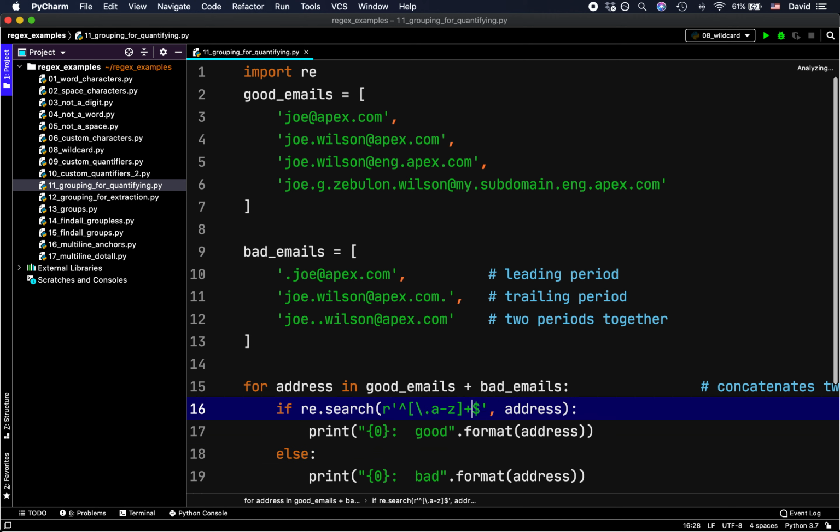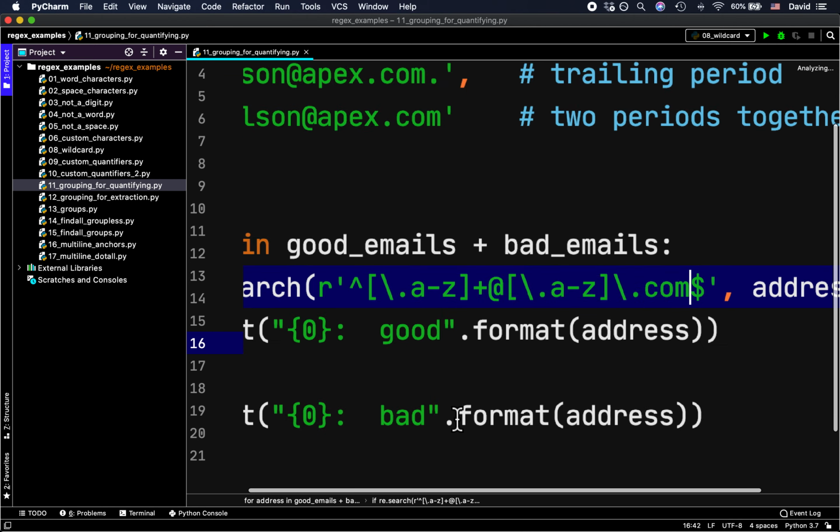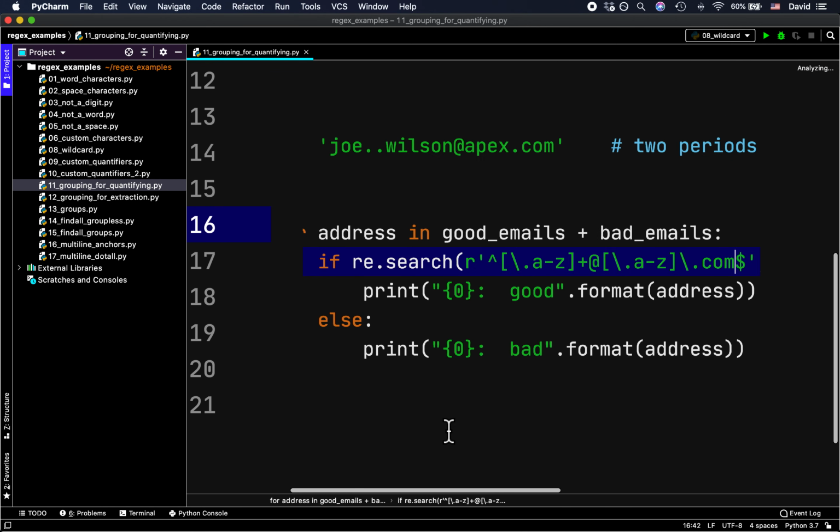And let's say one or more, followed by an @ sign, followed by the same character class, followed by .com. Let's see which ones these match.